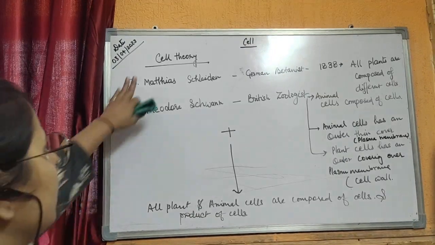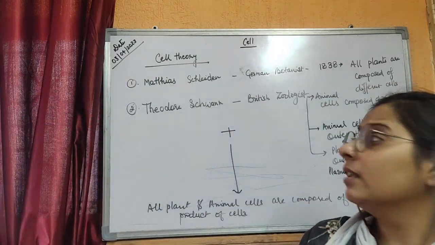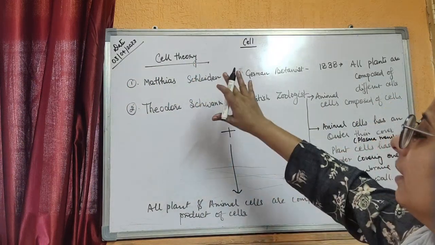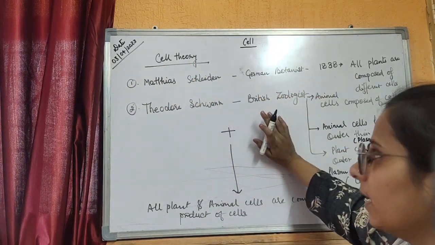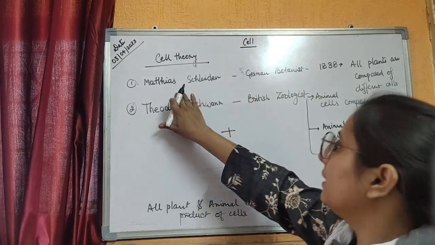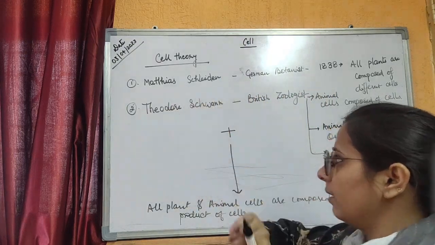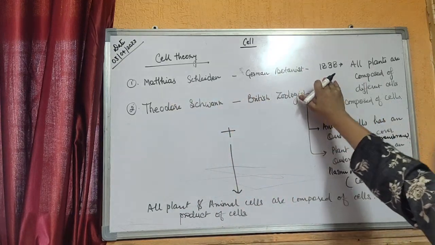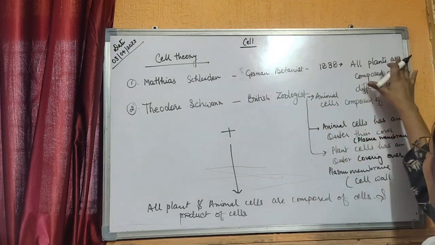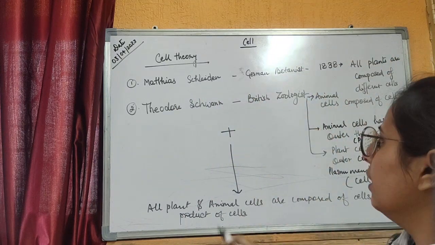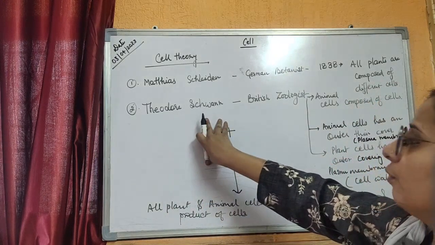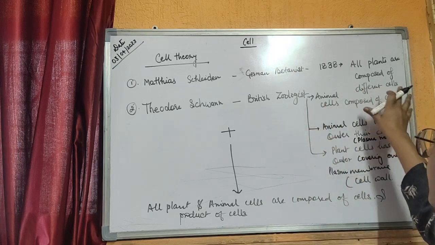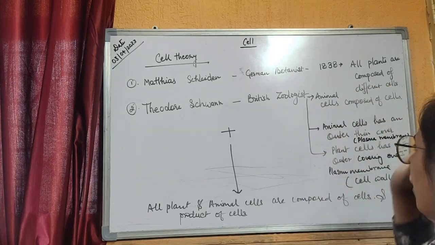Now we will study the cell theory. What was the cell theory? It was a theory about the components of the cell, given by Matthias Schleiden and Theodor Schwann. Matthias Schleiden was a German botanist, and in 1838 he discovered that all plants are composed of different cells, while Theodor Schwann was a British zoologist who worked on animal cells, and he said that animals are composed of cells.